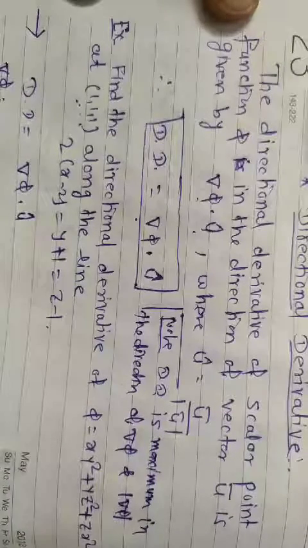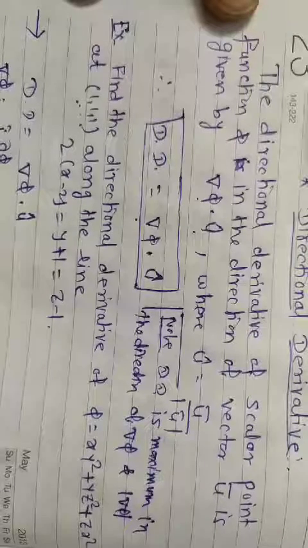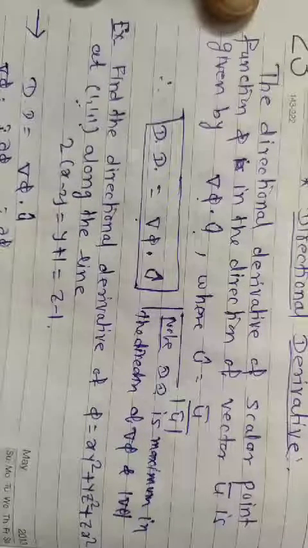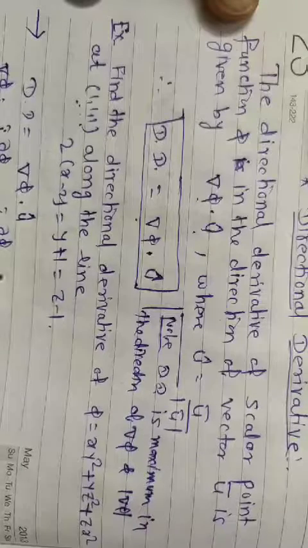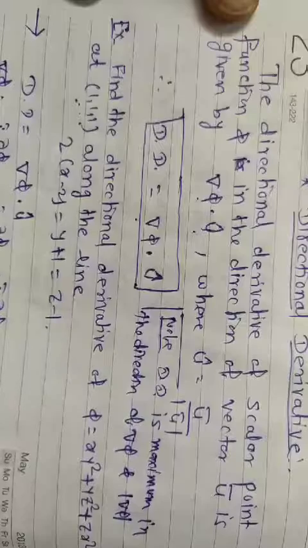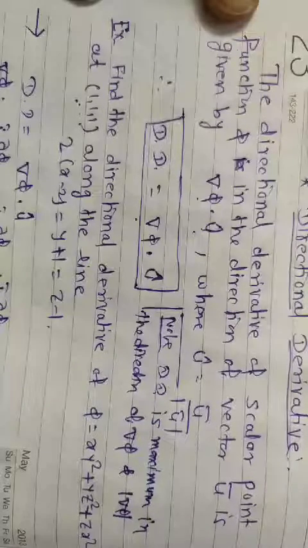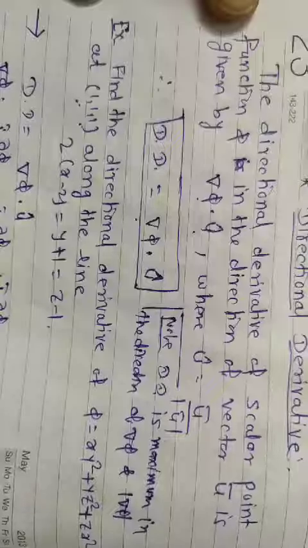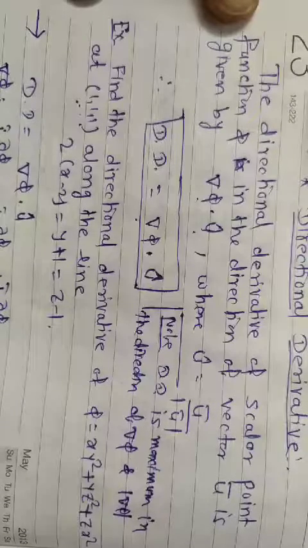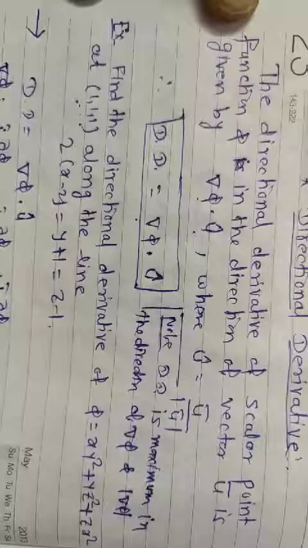So del phi can be written as i ∂phi/∂x + j ∂phi/∂y + k ∂phi/∂z. Now phi is given as phi = xy² + yz² + zx².